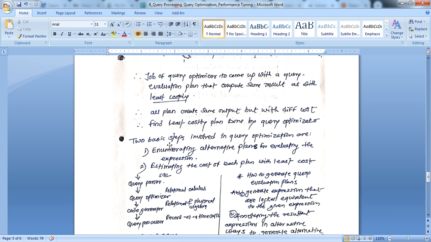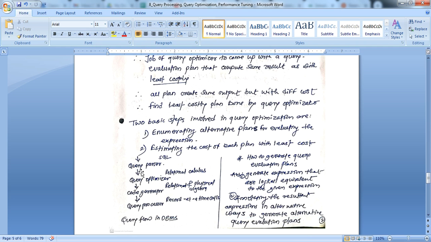The first one, enumerating alternative plans, creates multiple plans for evaluating the expression. Then, estimating the cost, it checks which plan is the good one, the one with the least cost, and then we select that plan.